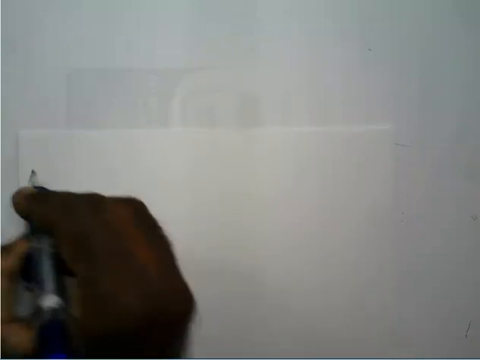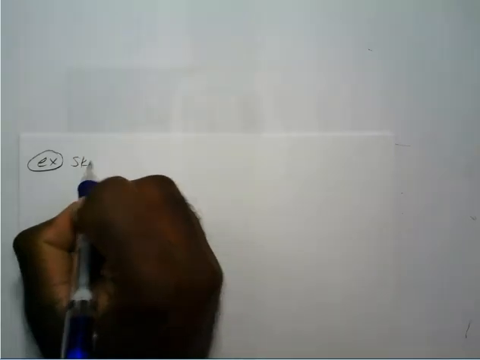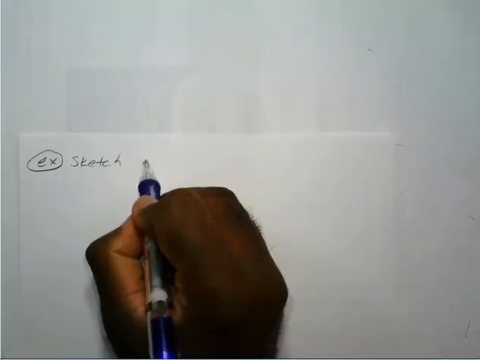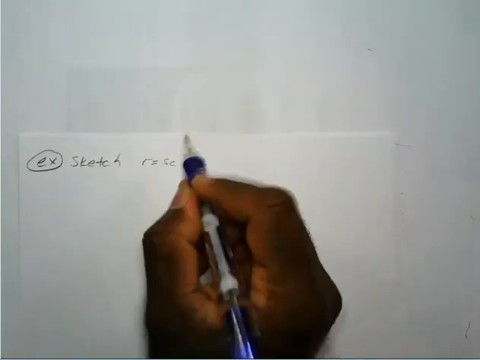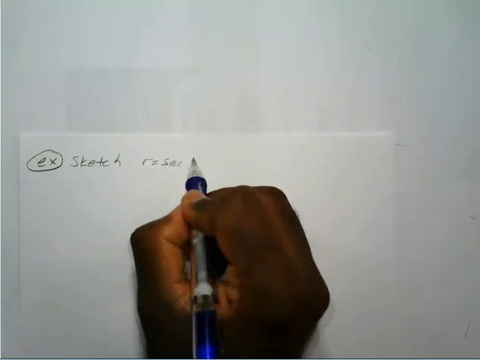Alright, so let's say for this example, we want to sketch r equals secant of theta.